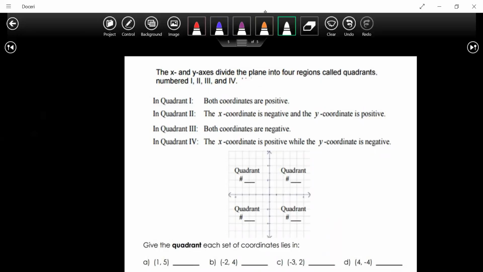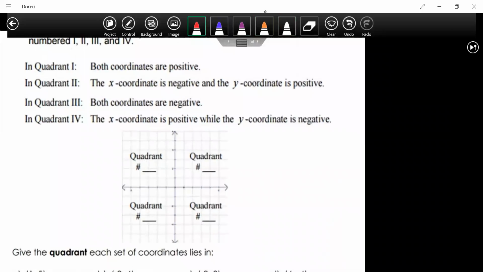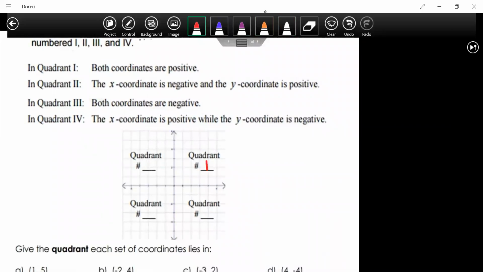It's counterintuitive to what you guys think. Quadrant number 1 is just the positive numbers, which is also where we want to start out. So this is considered plus and plus. The second quadrant, its X value is negative, its Y value is positive.